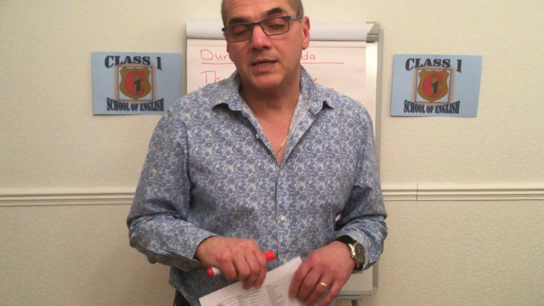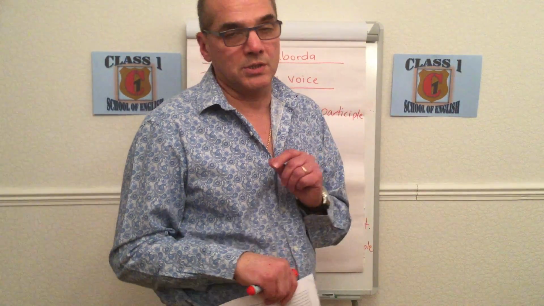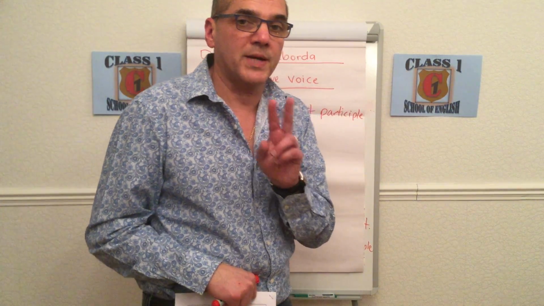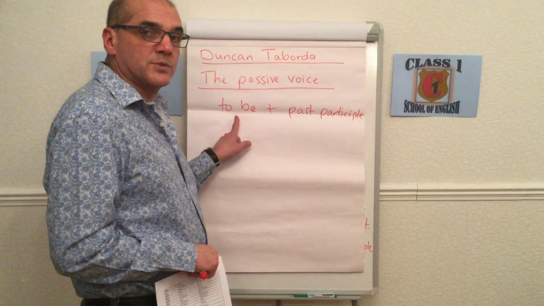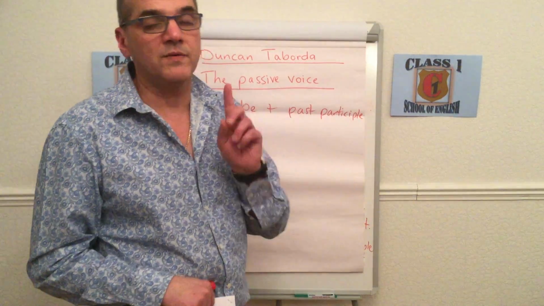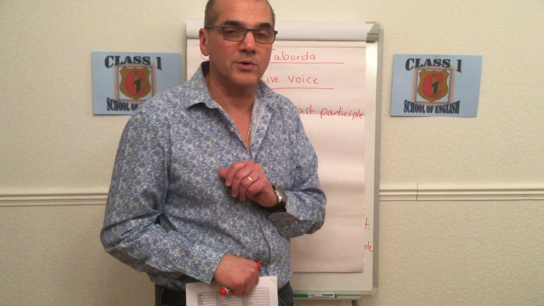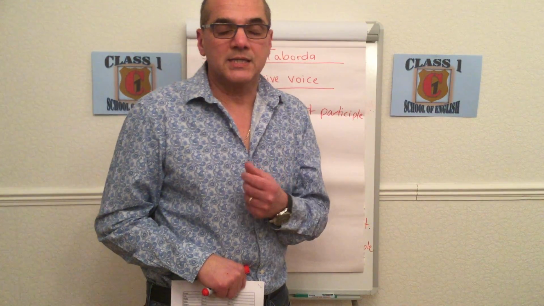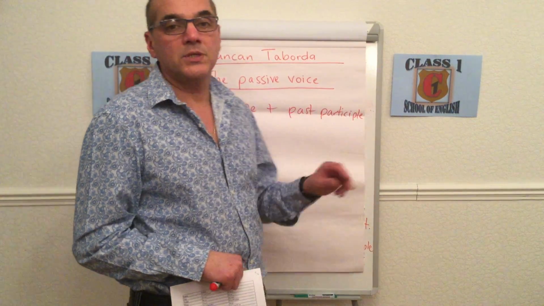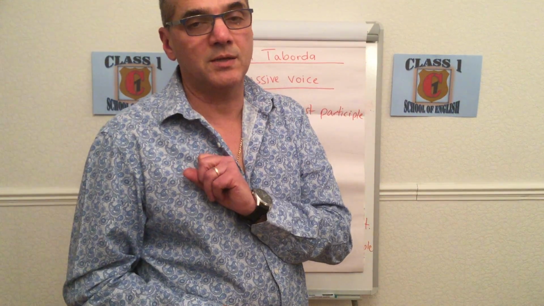Now, let's start off by showing you the construction of the passive voice, okay? The two essential elements of the passive voice are the verb to be and the past participle. These are two things that it's going to be vital for you to learn to find out more about, okay? It does need another element, but I'm going to come to that. But these two, absolutely essential, and it's crucial that you learn about them.